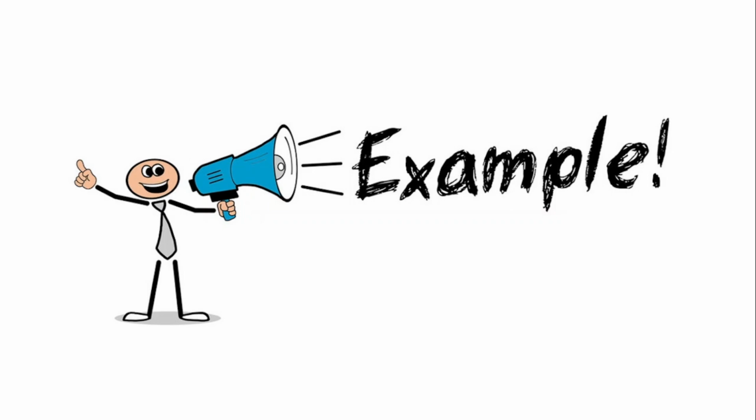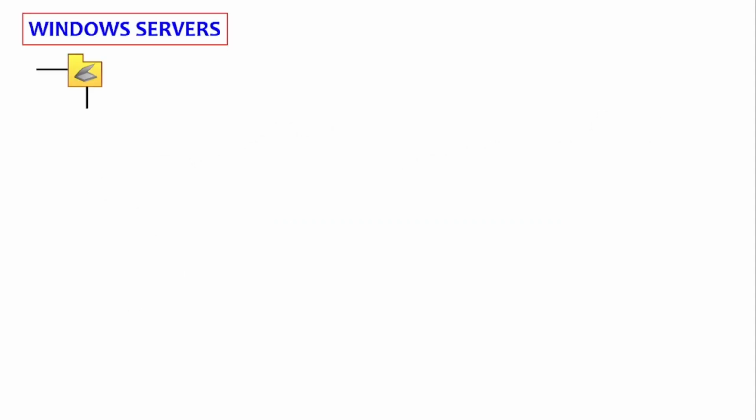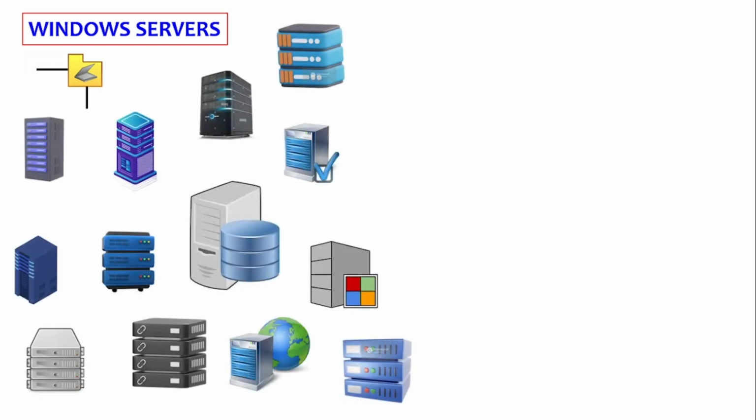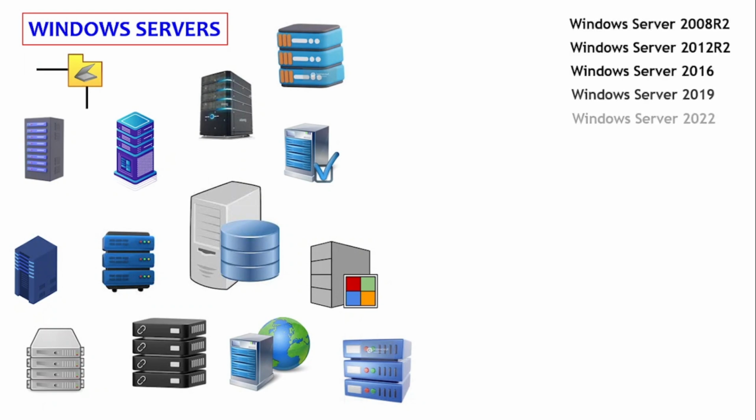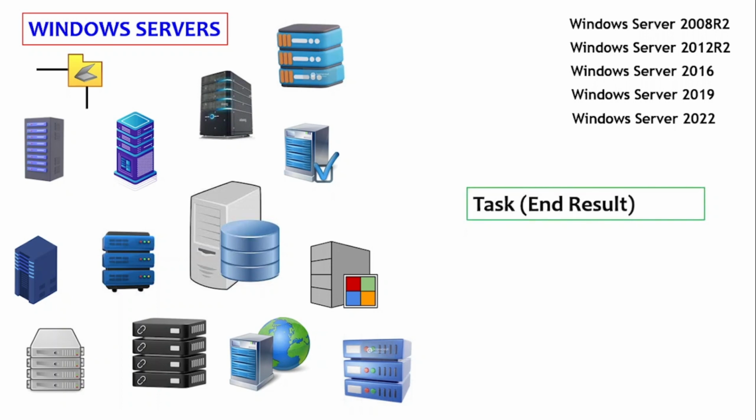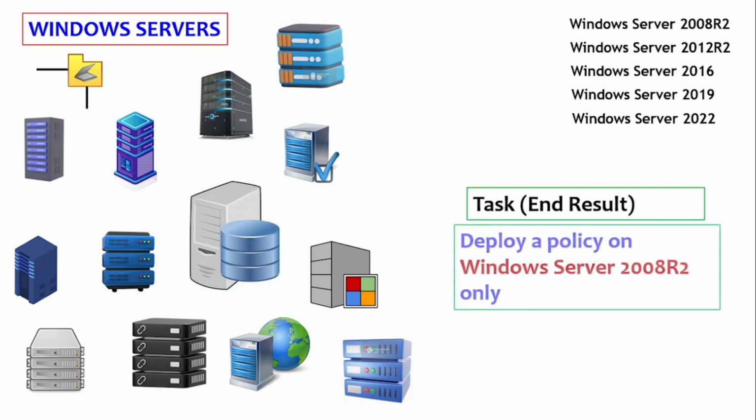So let's take some examples. How can we leverage WMI in our group policy now? Let's say we have an OU, Windows servers, and we have, say, hundreds of servers under this OU. It's a mixed bag of operating systems. Some are 2008 R2, some are 2012 R2, 2016, 19, 22. Now there's a task given to us that we need to deploy our policy only on Windows Server 2008 R2 machines.